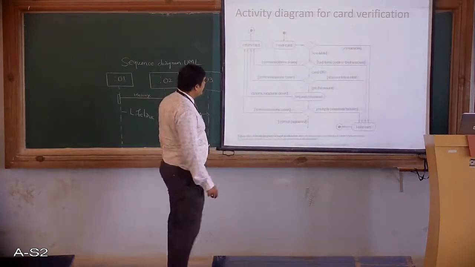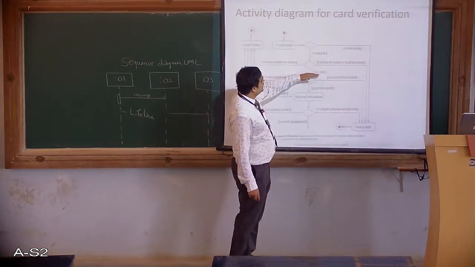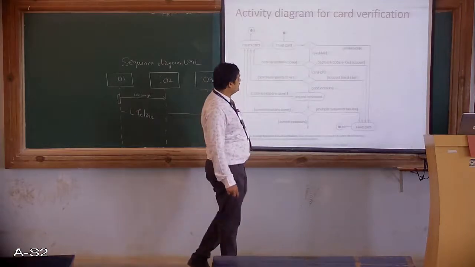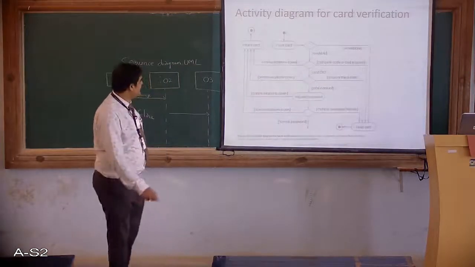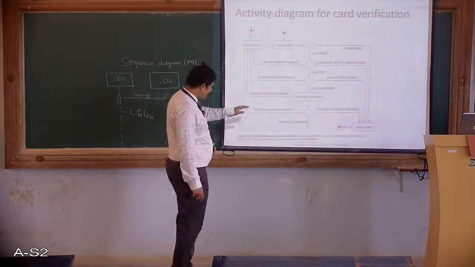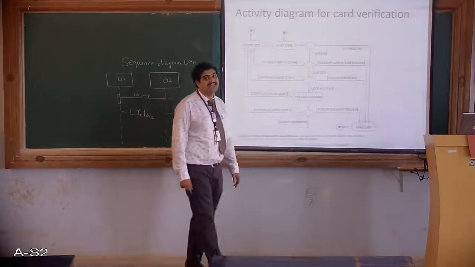Similarly, if the card is readable and everything is correct, then it can allow you for the transaction. It requests the password and then it can go for the transaction.